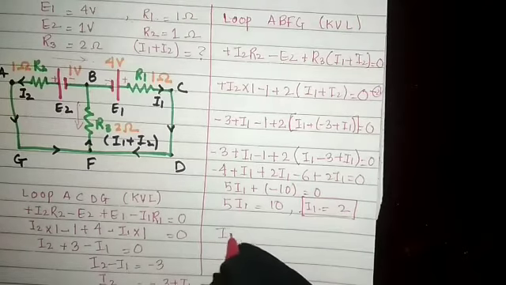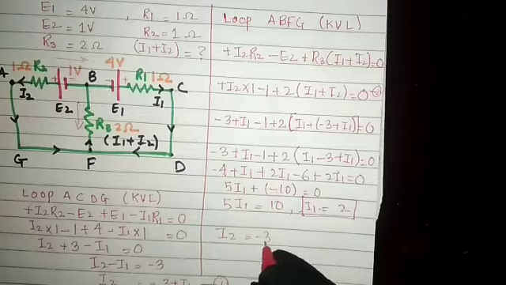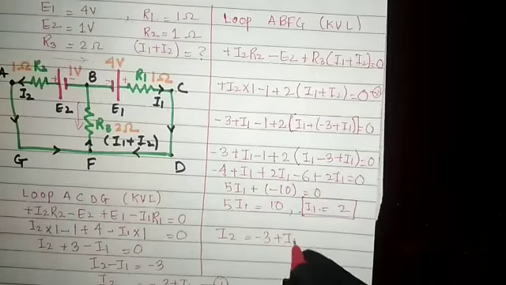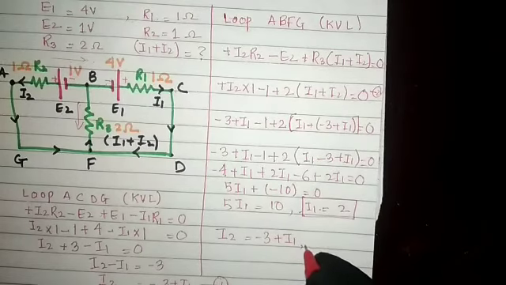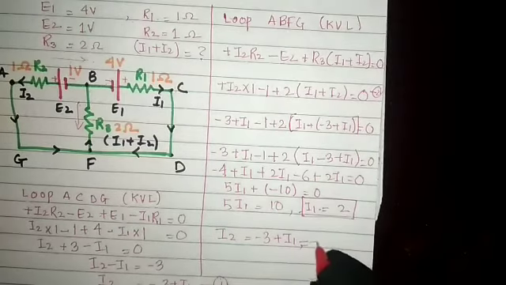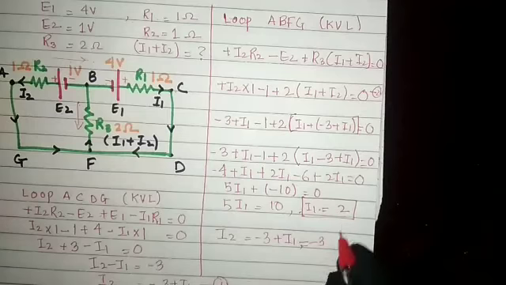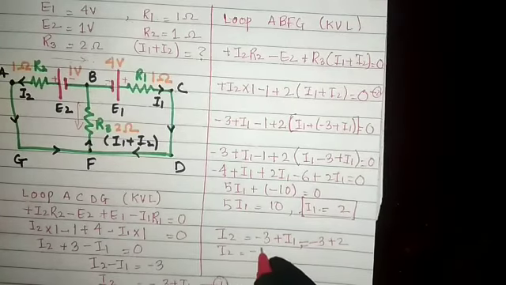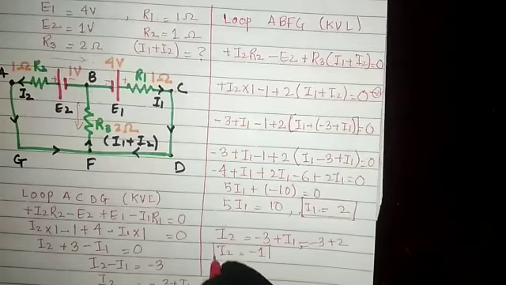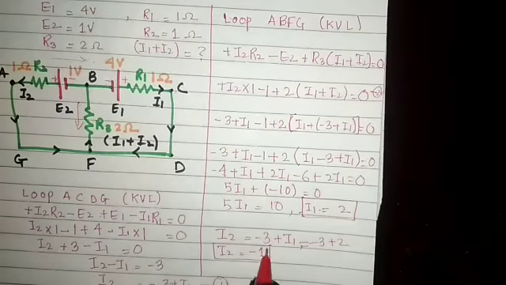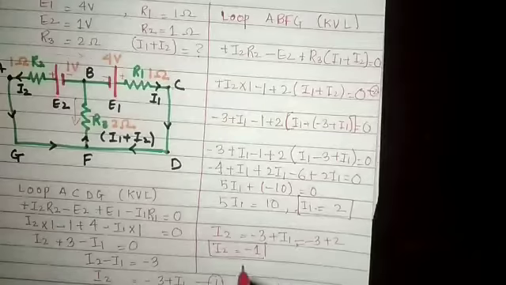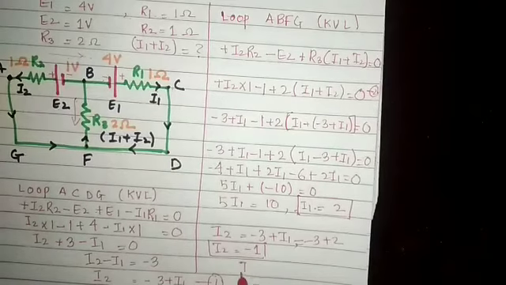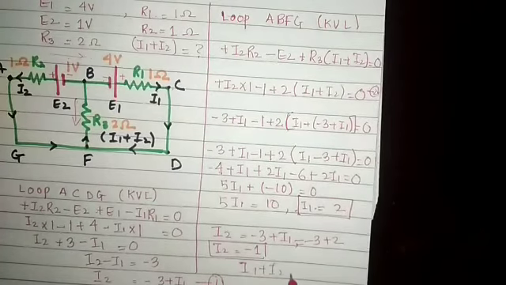So equation number 1 is I2 equal to minus 3 plus I1. Instead of I1 you can write plus 2. So I2 itself will be minus 1. But finally, what we have to find? We have to find I1 plus I2.